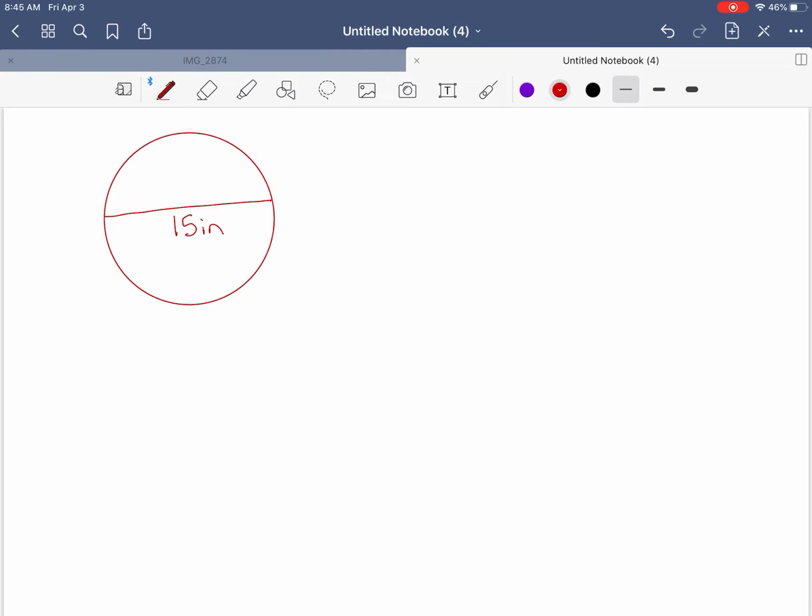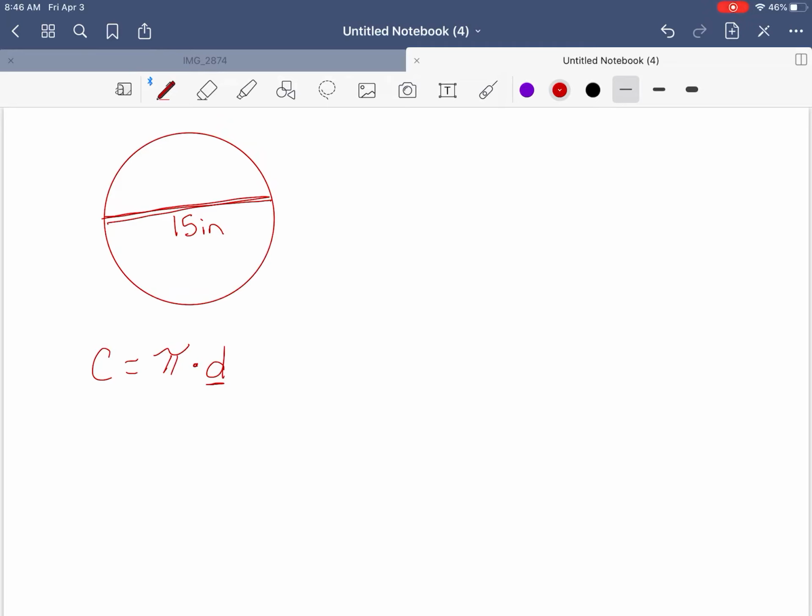All right, so first thing I got to decide is, what formula am I going to use? Well, I know the diameter is a line that goes through the whole circle through the middle, so I know I need to use this formula, because this line here, that's my diameter.